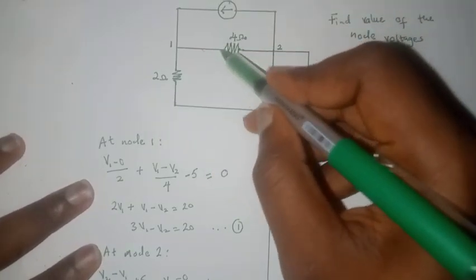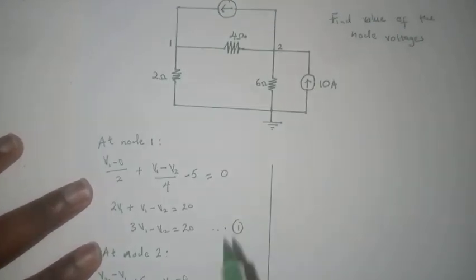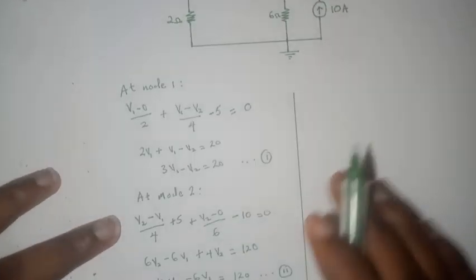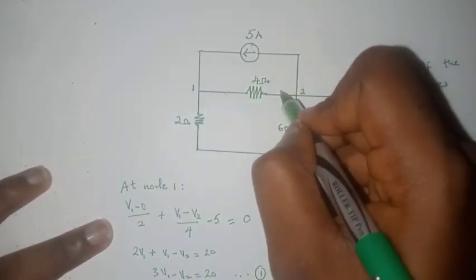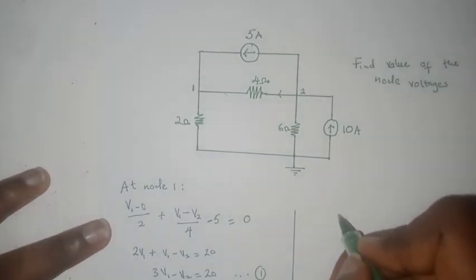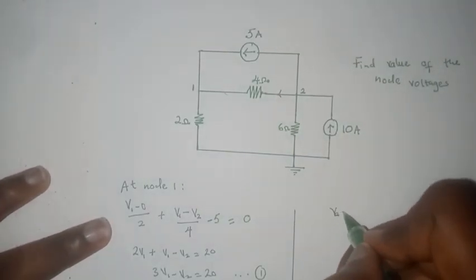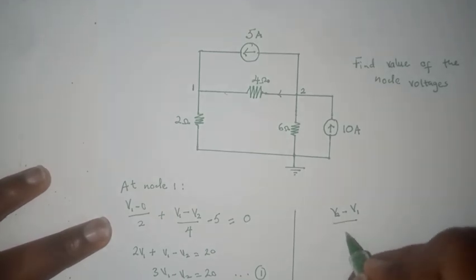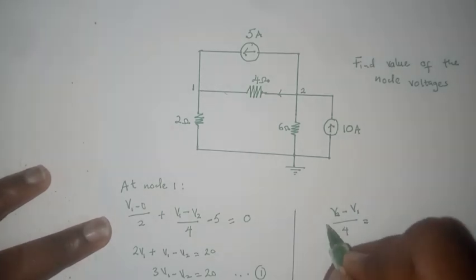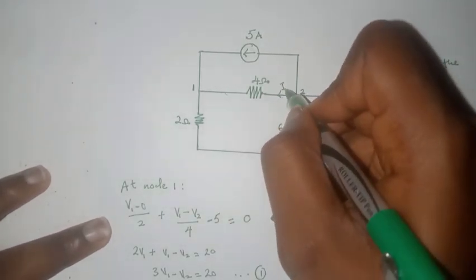Current flowing through this resistor. So the current flowing through this 4 ohm resistor in this direction would be V2 minus V1 divided by 4. So let's call that current I1.